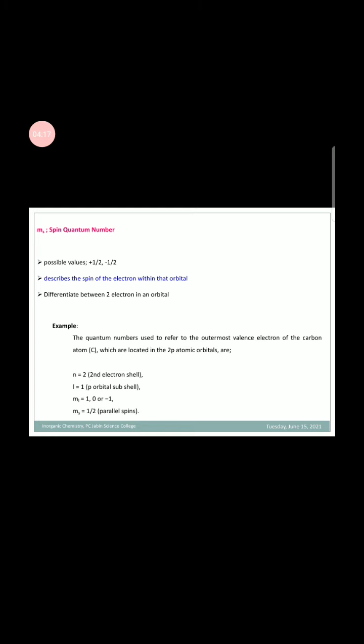Example, the quantum numbers used to refer to the outermost valence electron of the carbon atom C, which is located in the 2p atomic orbitals, are: n equal to 2, second electron shell; l equal to 1, p orbital subshell; ml is 1, 0, minus 1; and ms, the spin quantum number, is half, parallel spins.